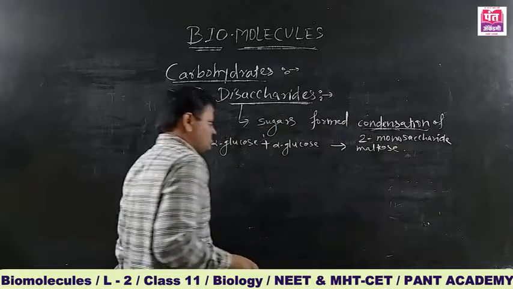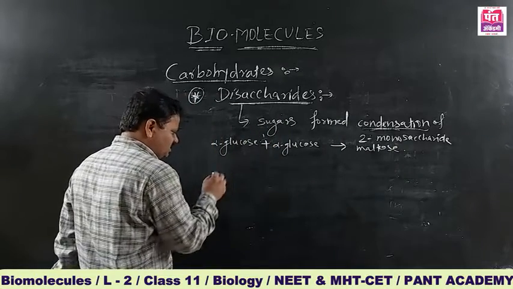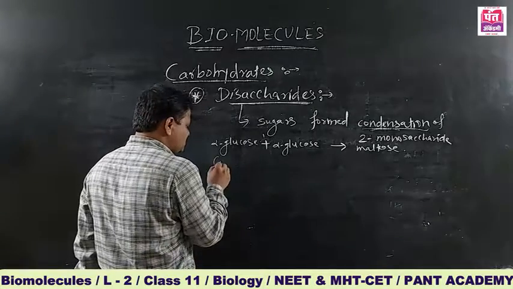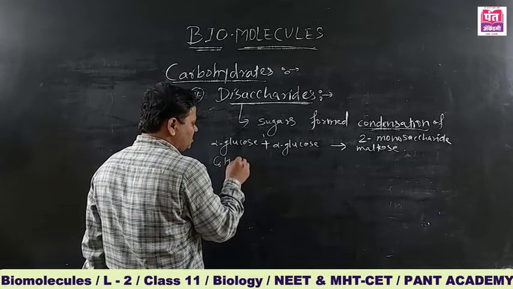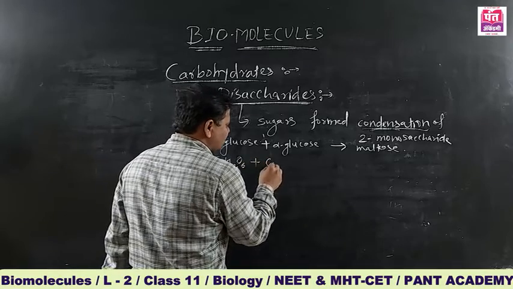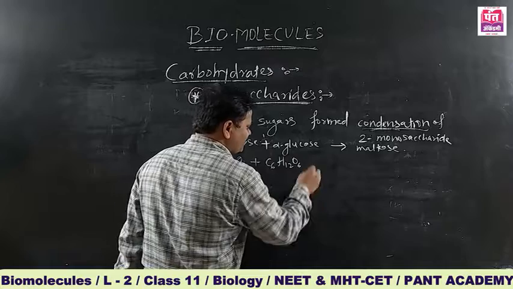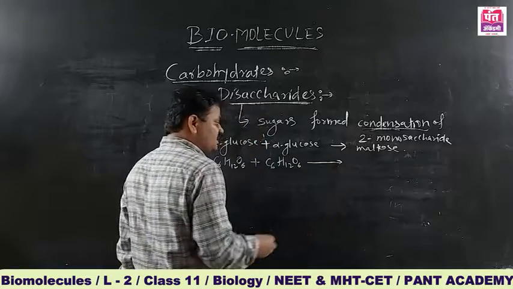Remember, maltose. How does it happen? If we represent it with the general formula, C6H12O6 plus C6H12O6 leads to condensation.